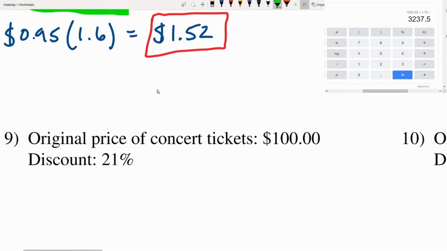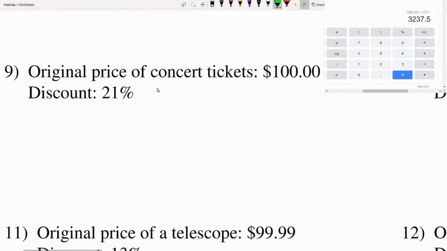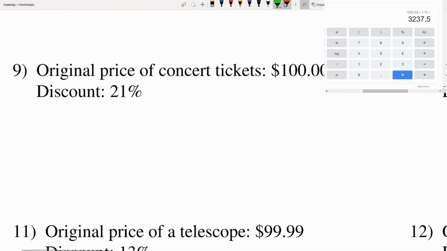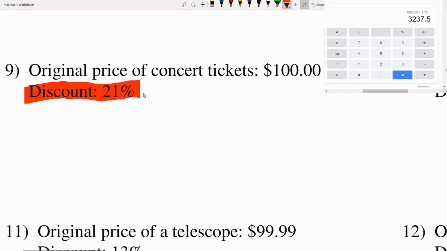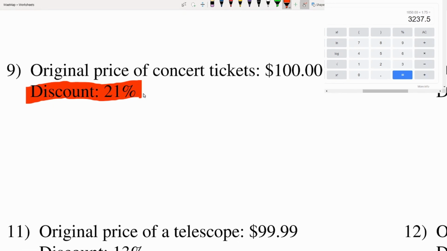And number 9, we're jumping into now no longer markups, but discounts. So I'm going to highlight these in red. Discounts mean we're decreasing that original purchase price. So if the original purchase price of a concert ticket is $100 and we're decreasing it by 21%, as opposed to adding 21% of the original, we're now subtracting 21% of the original.